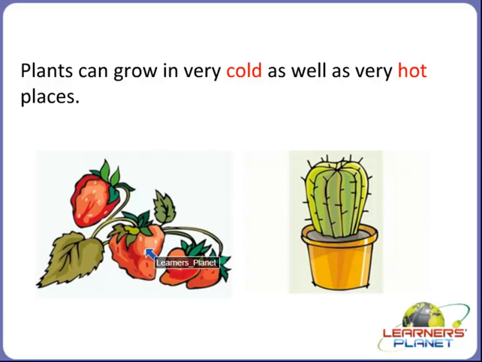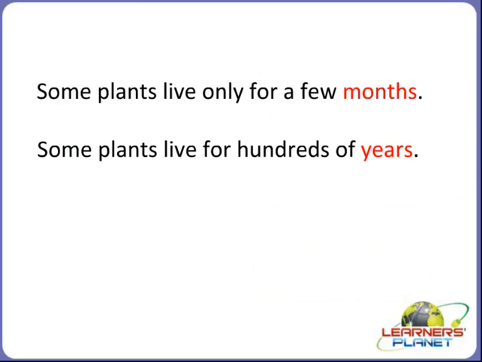The strawberry plant needs much more water to grow, while the cactus plant needs less water to grow. Children, some plants live only for a few months, while some plants live for hundreds of years.